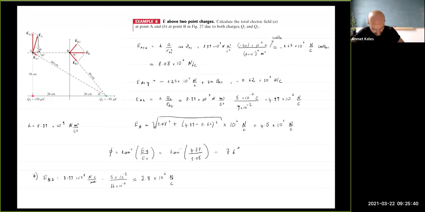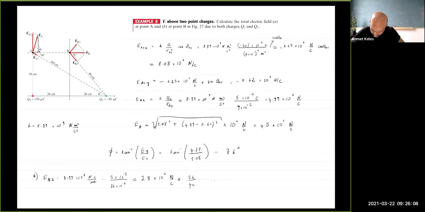So let's multiply with this cosine, which is 26 divided by 40, times 26 divided by 40, equal to 1.8, and times 2, 3.65.